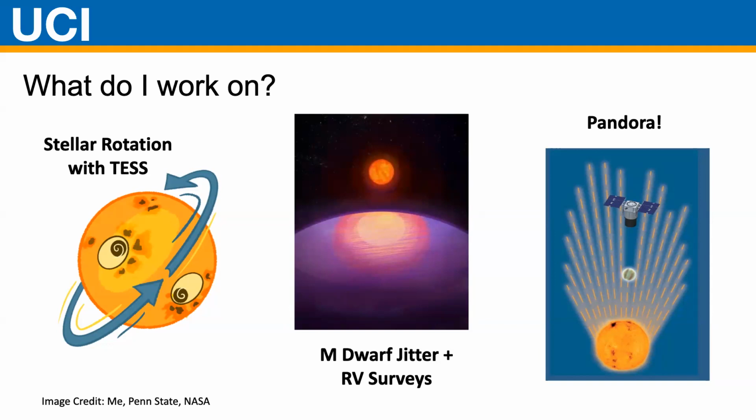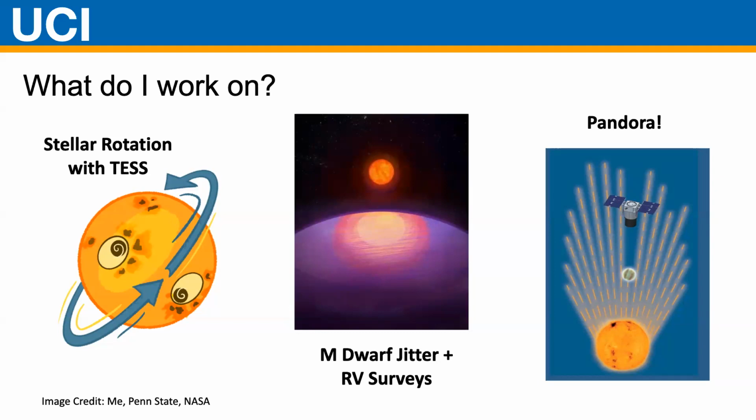So what do I work on? I've really jumped projects between a lot of related fields as they pertain to stellar sciences and exoplanet sciences. Today I'm going to talk to you mostly about the first one, stellar rotation with TESS, but I also do a lot of work understanding M-dwarf activity, especially as it pertains to RV exoplanet surveys.